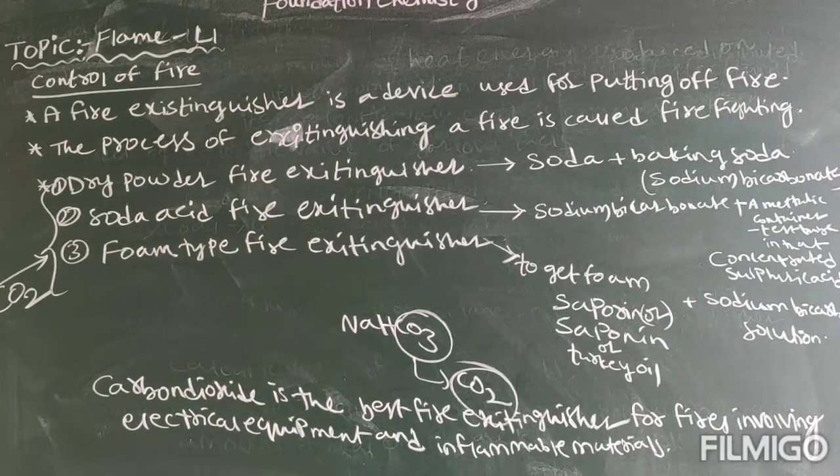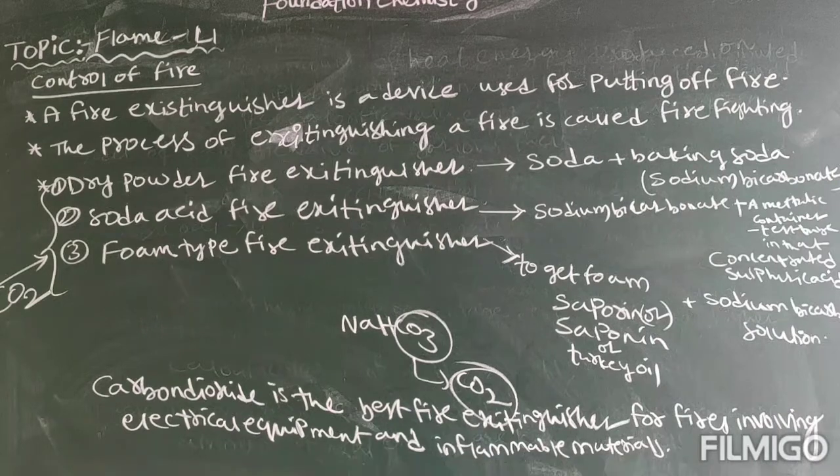So a fire extinguisher is a device used for putting off the fire, and the process of extinguishing a fire is called firefighting. For firefighting, the most important thing is carbon dioxide production. Carbon dioxide in a fire extinguisher can be produced by using dry powder, soda acid, or foam type fire extinguishers. In dry powder extinguishers there will be baking soda, sodium bicarbonate.